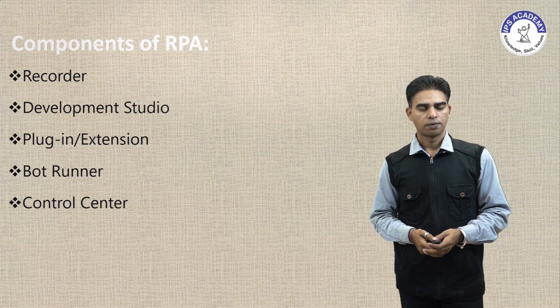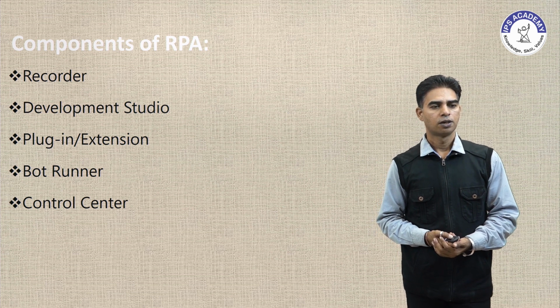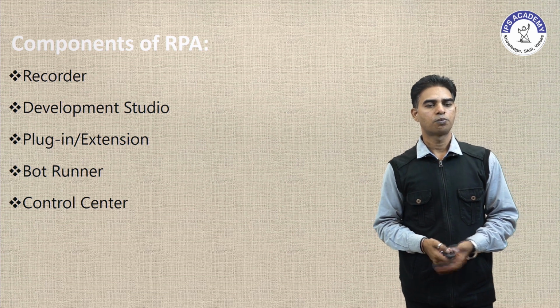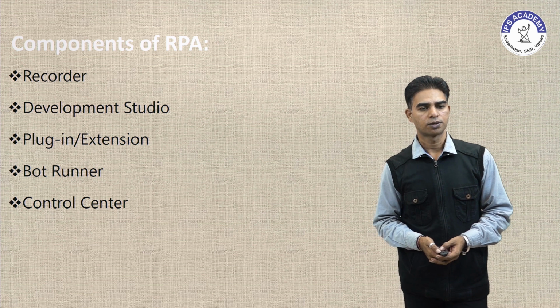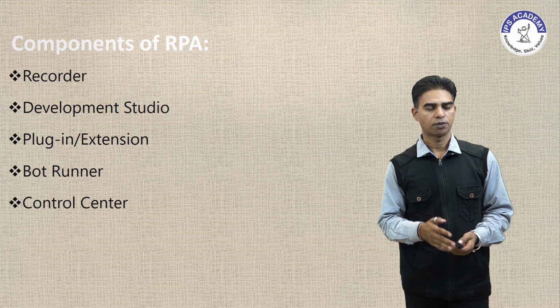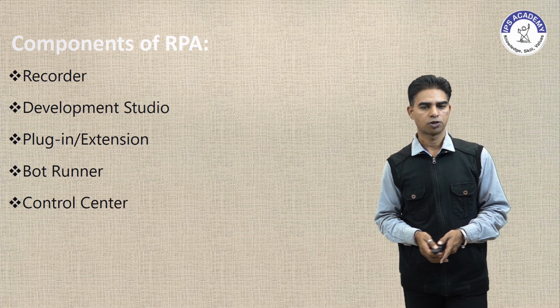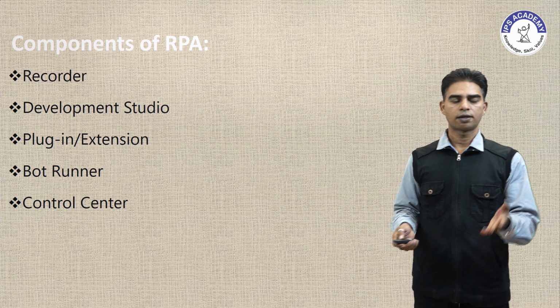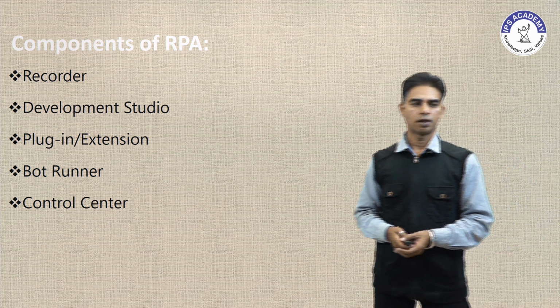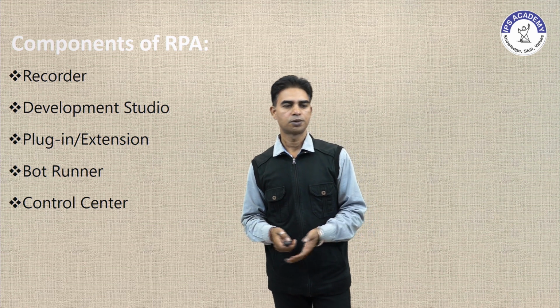Now we have come to the components of robotic process automation. There are various components, and we will look at just a short introduction of each. One is the recorder: what is the recorder, and how to record any type of steps.